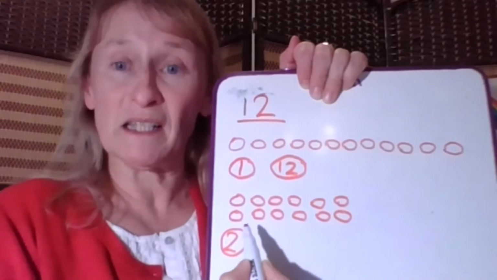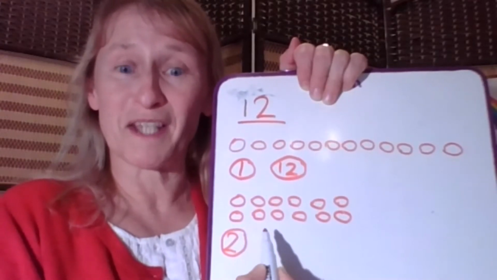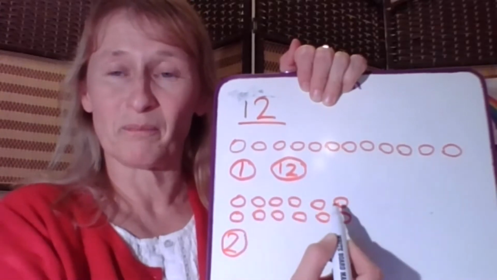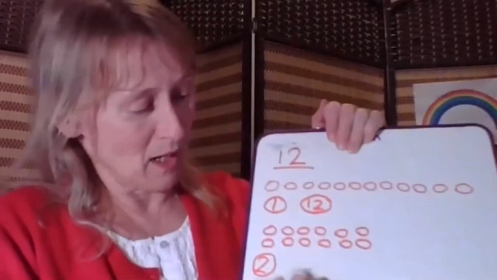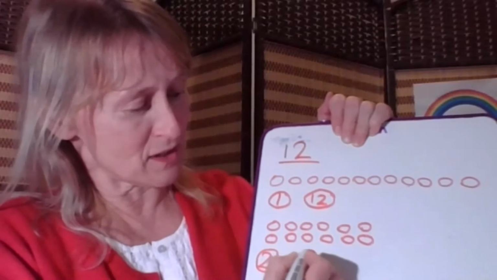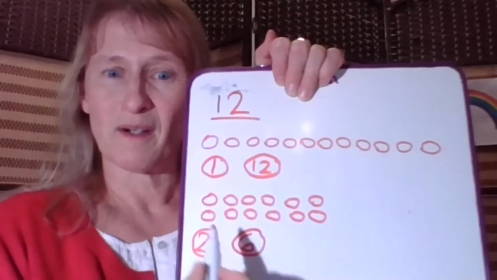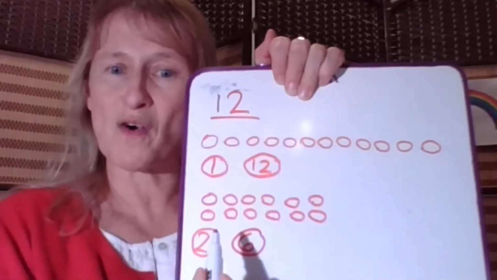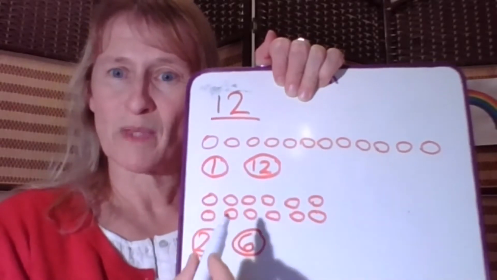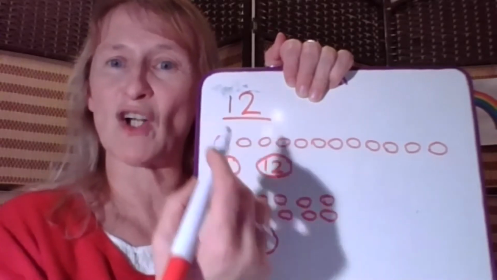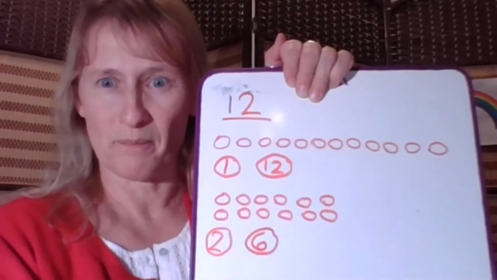And you can see clearly that it will go into 6 as well, because I've got 2 rows of 6. So 2 times 6 makes 12. So 2 and 6 are both factors of 12. I can arrange 12 counters into 2 rows of 6, and there are none left over.